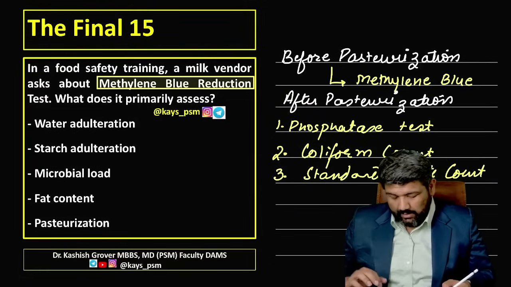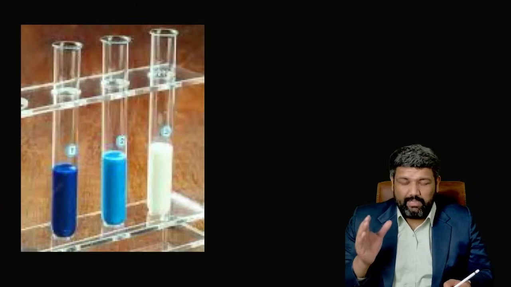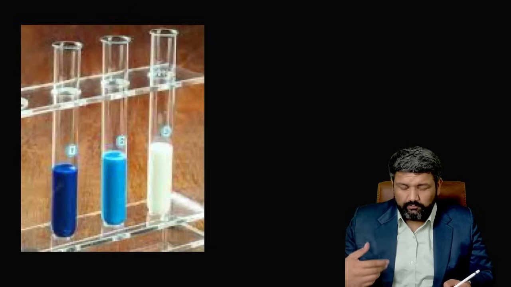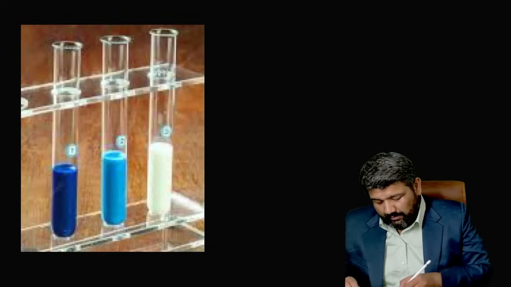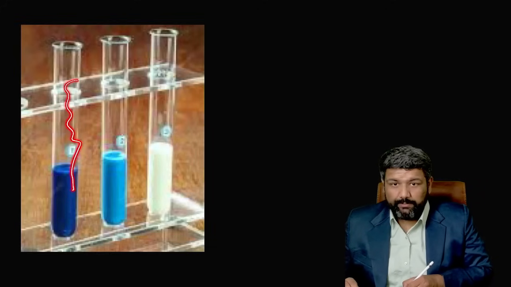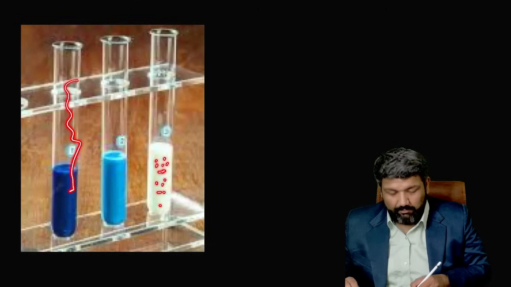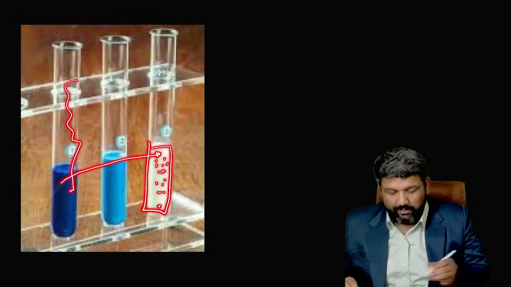methylene blue test. Now, what is the methylene blue test, guys? Whenever the milk is acceptable for pasteurization, we add the methylene blue reagent in the milk. Now, if the bacterial load is very high in the milk, this converts the blue color back into the white color.